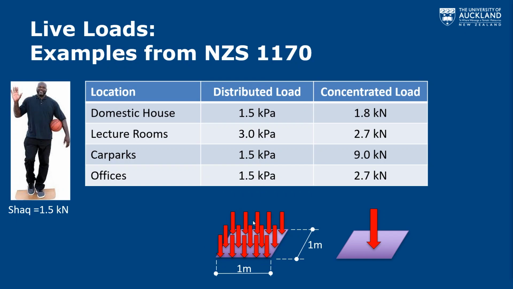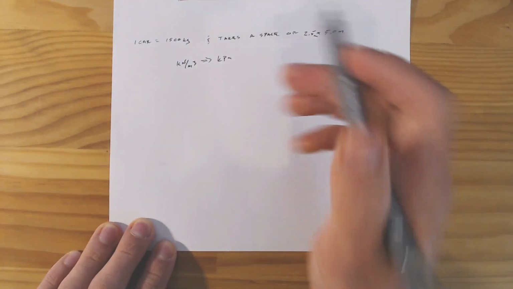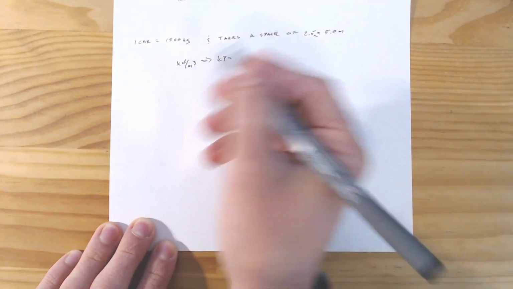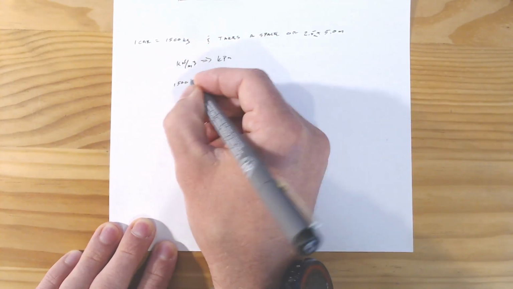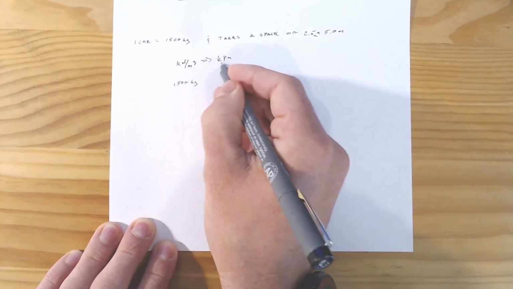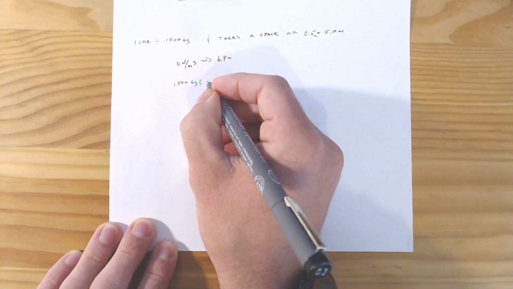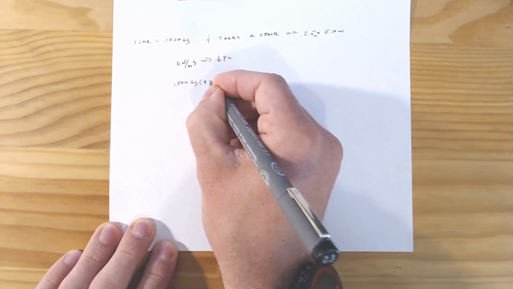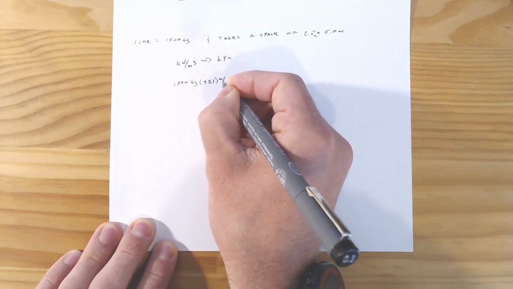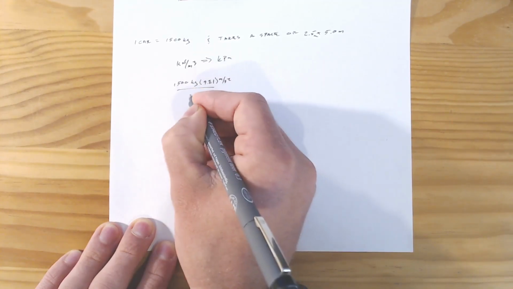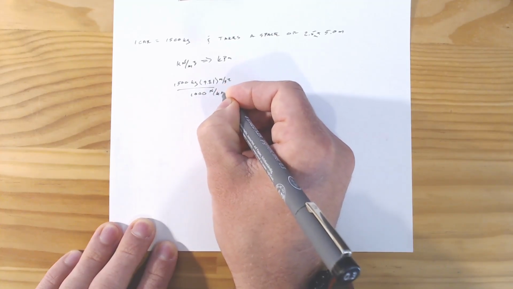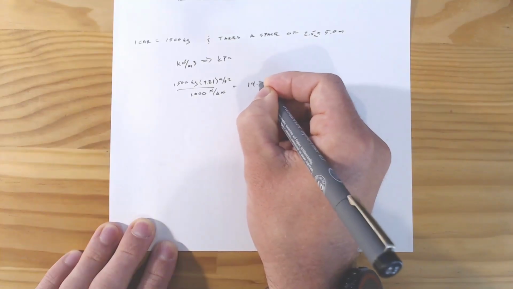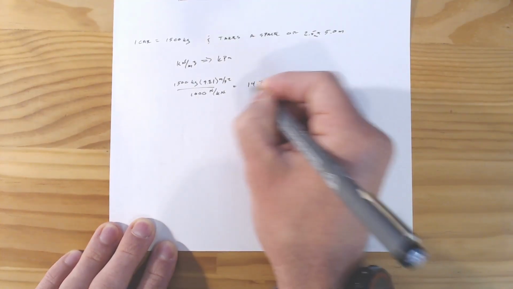You think of them as kilonewtons per meter squared. So to do that, let's just go with what our weight is. We know that it's 1,500 kilograms, and let's get this into newtons. So it's going to be times 9.81 meters per second squared divided by 1,000 newtons per kilonewton, and that's going to equal 14.7 kilonewtons.